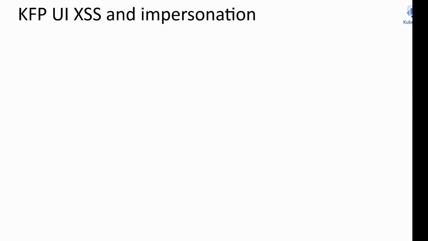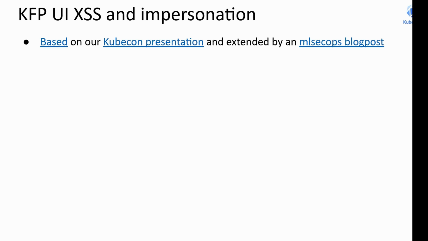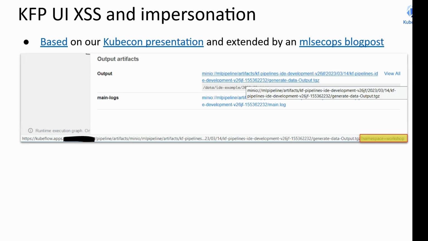Now let's take a look at another problem, which has also been presented at KubeCon and later extended by an independent MLSecOps blog post. The cross-site scripting issue is actively being worked on by Google, but the namespace parameter is still exploitable and mostly orthogonal to the missing multi-tenancy for artifact storage.